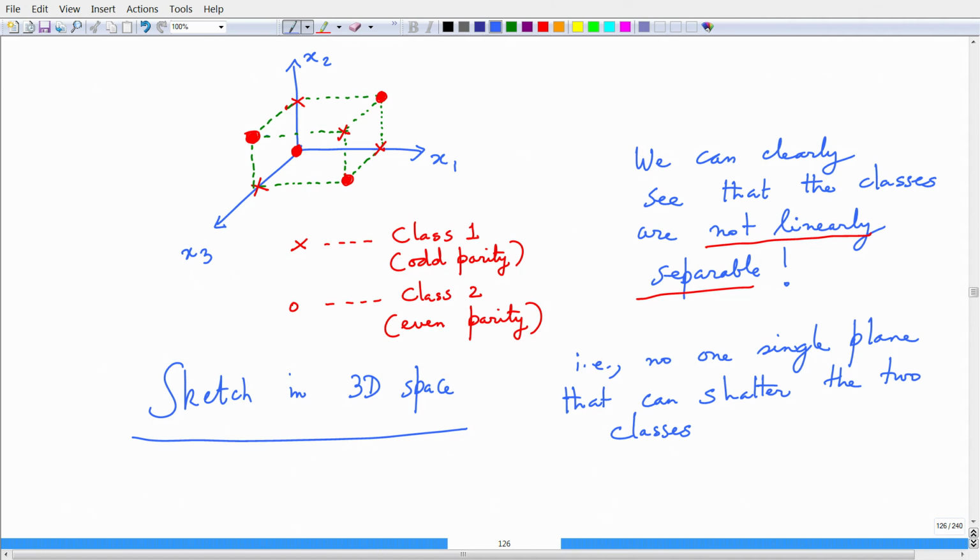All the x's correspond to odd parity and all the circles correspond to even parity. So, I will make a bold circle corresponding to these points. So, clearly we can see this is a nonlinearly separable problem, that is, there is no single plane that can shatter the 2 classes, right.